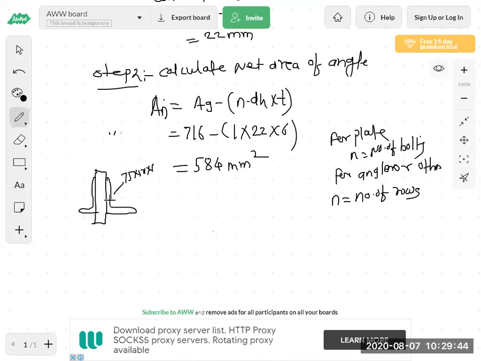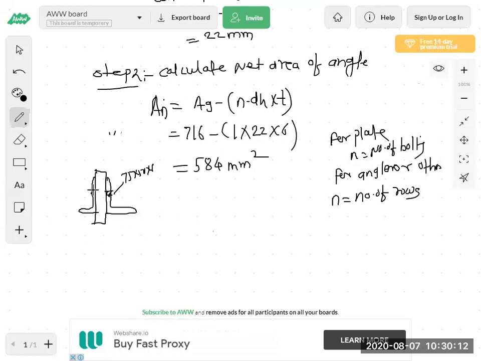Are you getting? This is the angle 75 by 50 by 6, so the area of this angle is 716, minus what we did, we deducted 1 into 22 into 6 mm. But what about the other? This net area is for one angle only.